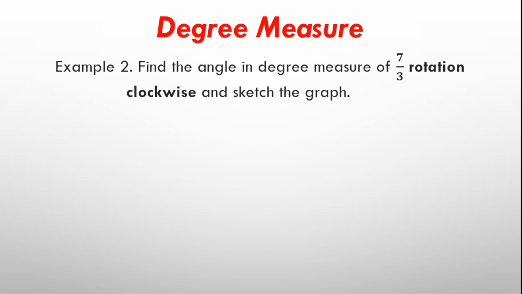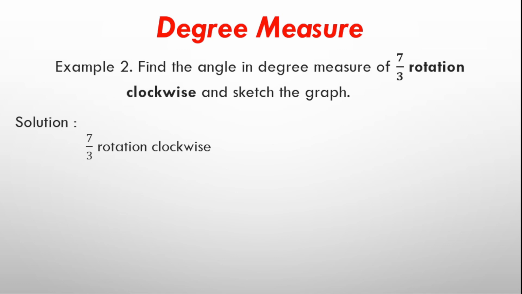Example number 2. Find the angle in degree measure of 7/3 rotation clockwise and sketch the graph. So first thing we have to get is the 7/3 rotation clockwise. When we say clockwise, the angle of the rotation is negative. And take note that one full rotation clockwise is negative 360 degrees.